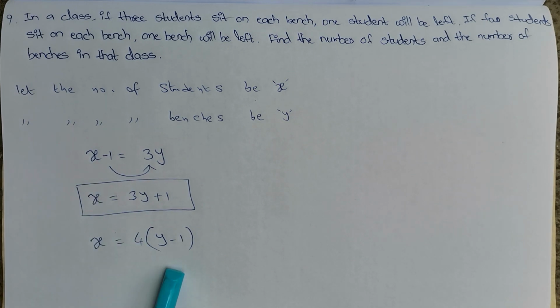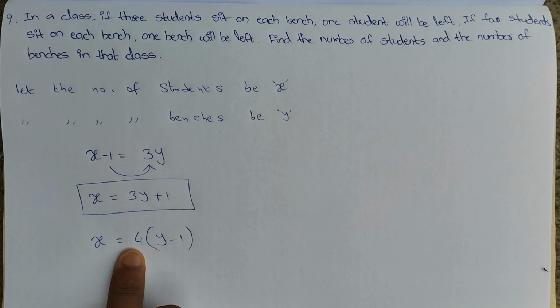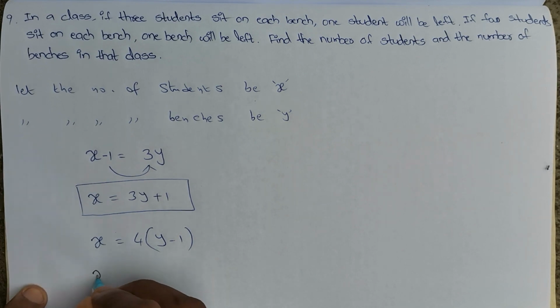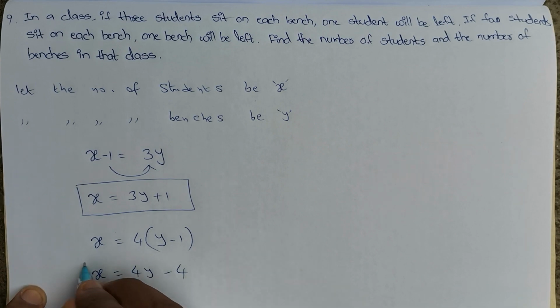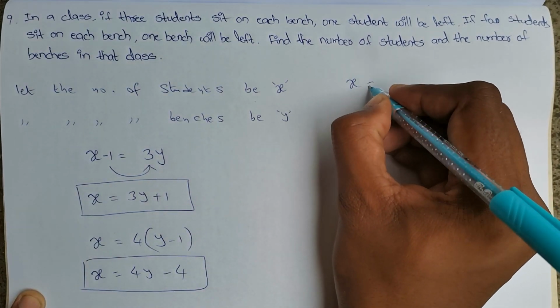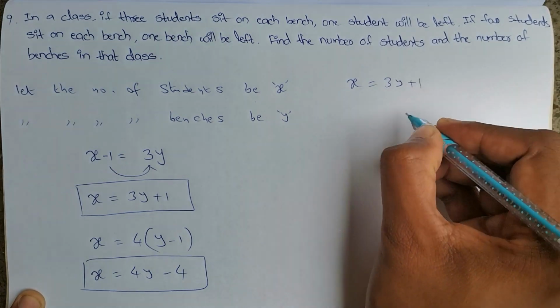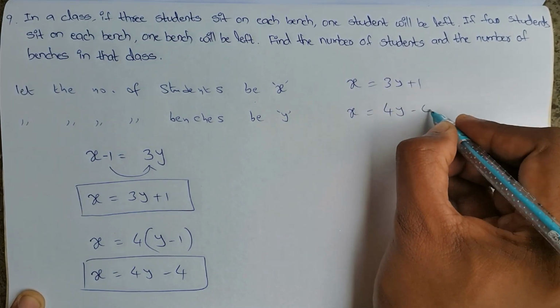Here one bench is left, that's why bench minus 1, and 4 students are sitting on each bench. So if we solve this, x equals 4 into y, 4y minus 4 ones are 4. This is equation 2. If we solve these two equations, equation 1 is x equals 3y plus 1 and equation 2 is x equals 4y minus 4.